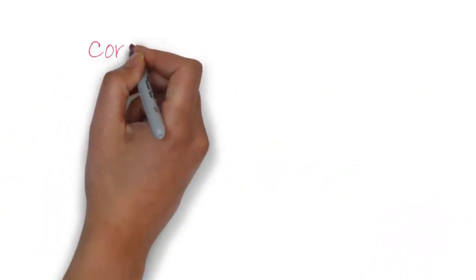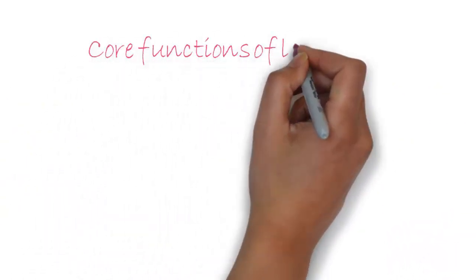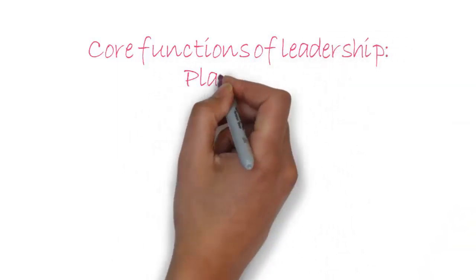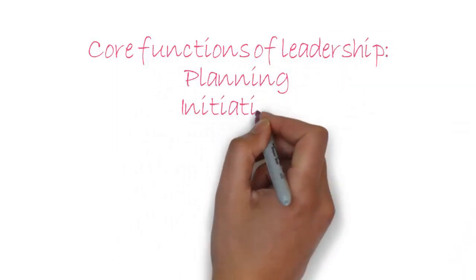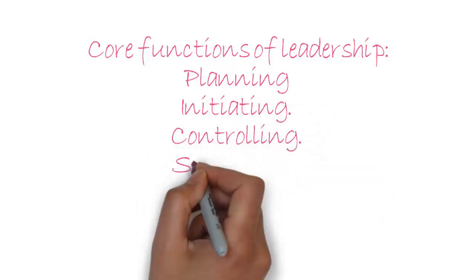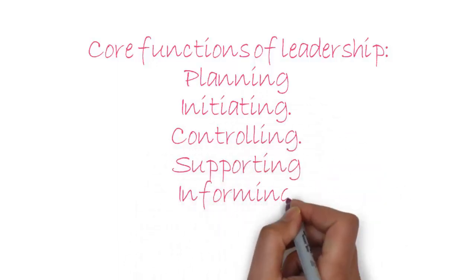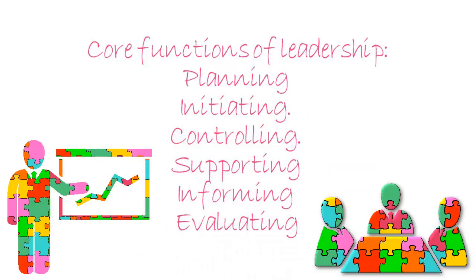Adair set out these core functions of leadership vital to the ACL model. Planning: seeking information, defining tasks and setting aims. Initiating: briefing, task allocation, setting standards. Controlling: maintaining standards, ensuring progress, ongoing decision-making.